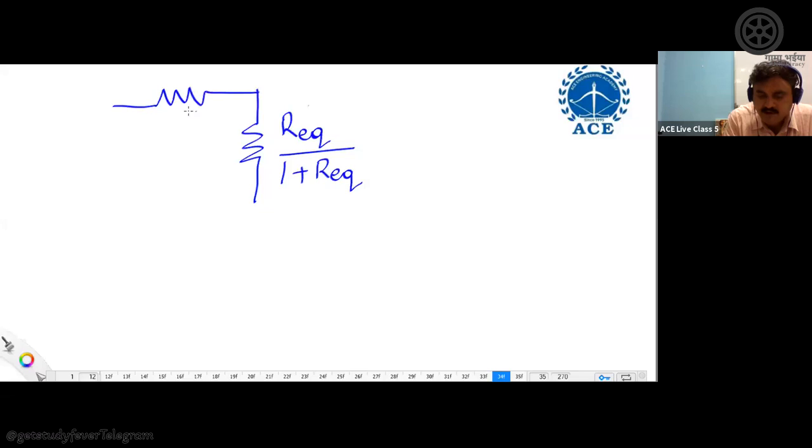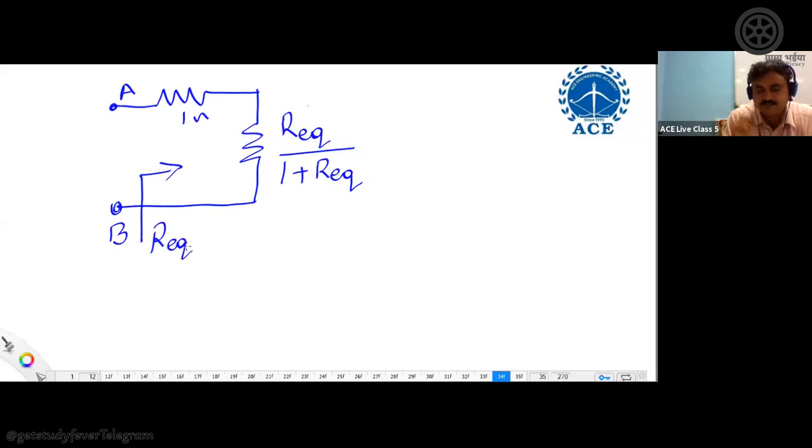Again, you are having here as 1 ohm, and these are your terminals A and B, across which we are actually finding a value of R equivalent. That's all. Now, with respect to these terminals A and B, how are these two branches connected? Both these branches are connected in series. So, what is your R equivalent now?